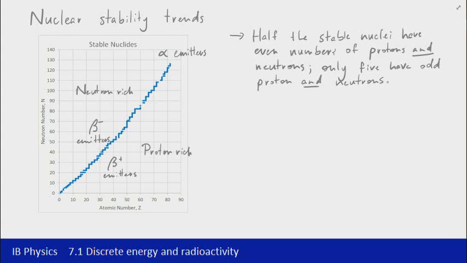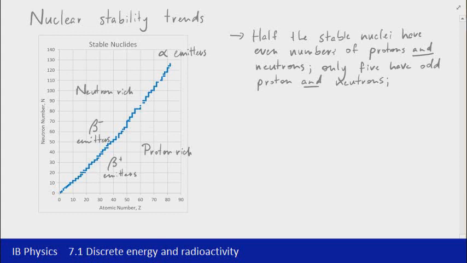And finally, something else you can see on the graph a little bit: you'll notice that in some regions, say there's one there, there's another one there, there's a few regions where we've got quite a lot of isotopes that are stable with the same atomic number.